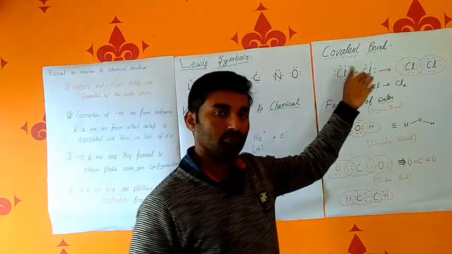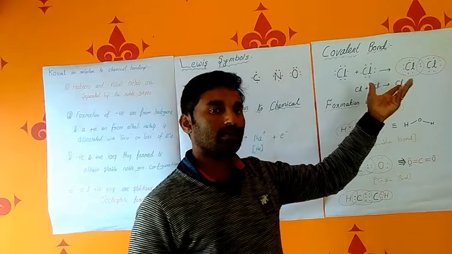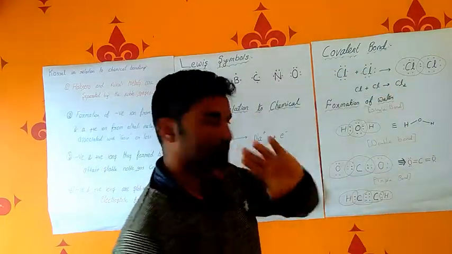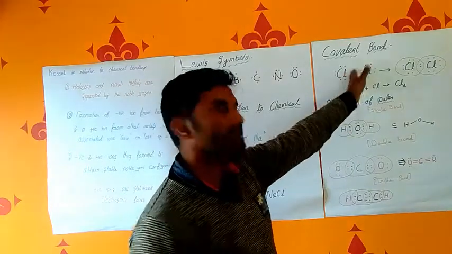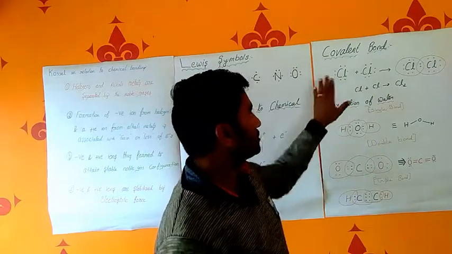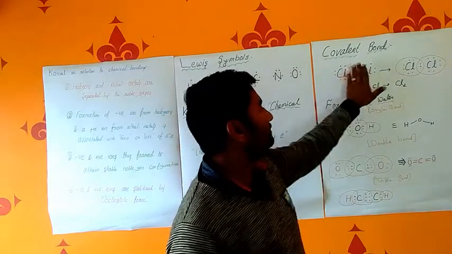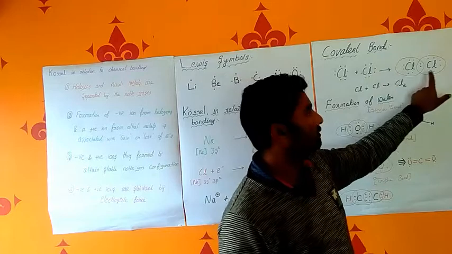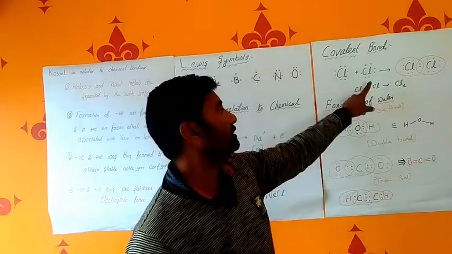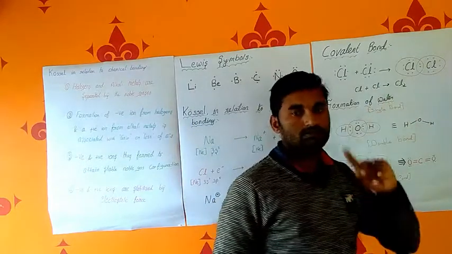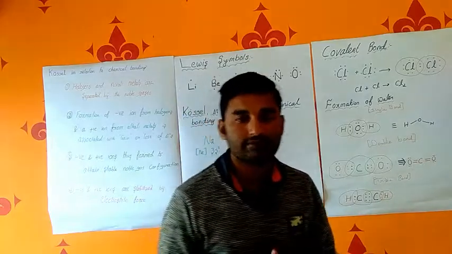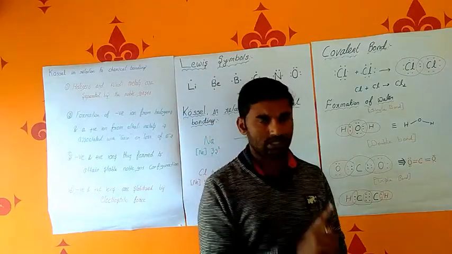So what it will do, it will make a bond with another chlorine by sharing of electrons. See, this chlorine has 7 electrons and this chlorine also has 7 electrons. So both of these chlorines will share only one outermost valence electron, because they are not sharing all their 7 electrons, because they need only one electron, no?